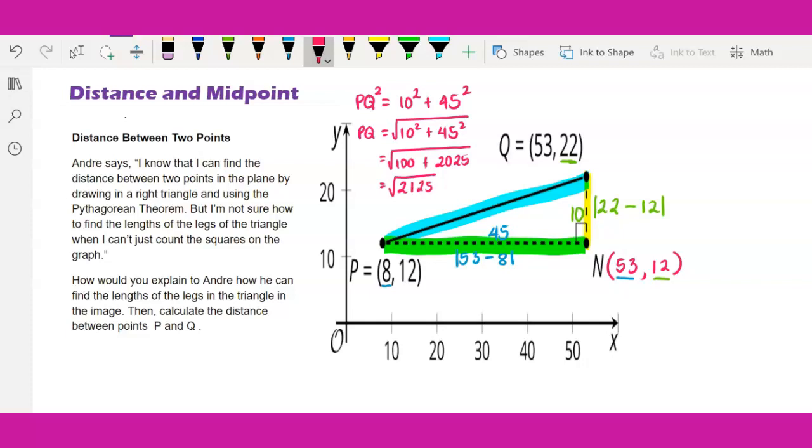The square root of 2125 is approximately 46.1. So keep in mind here that finding the distance between 2 points, in this case points P and Q, is very similar to using the Pythagorean theorem.